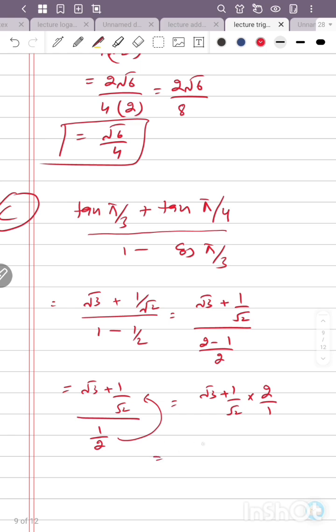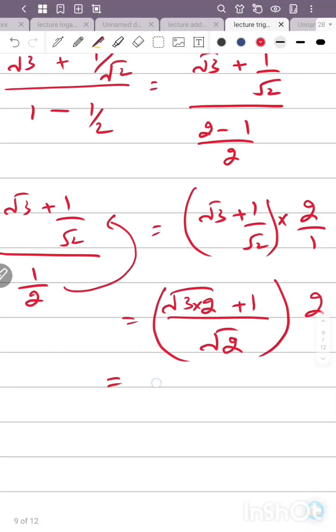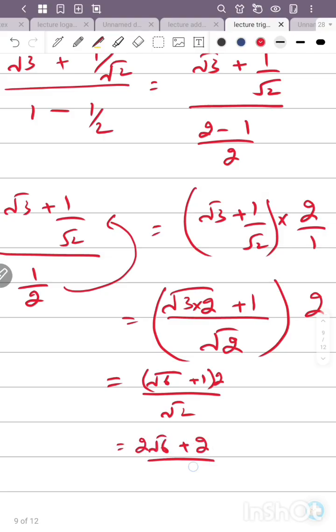Now we have to solve this one, square root 3 multiplied by square root 2, and square root 2 times square root 2 will be 2. We got the answer: 2 square root 6 plus 2 divided by square root 2.